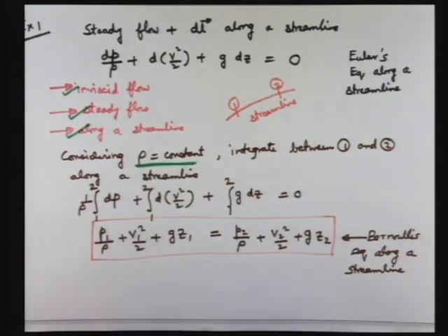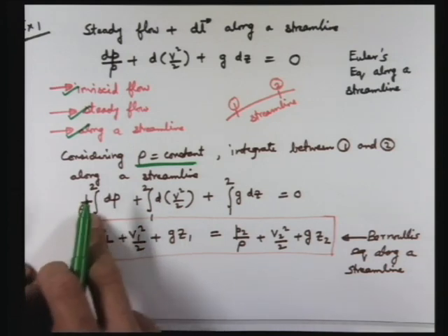Books will write incompressible flow. It is not a correct statement in a generalized sense, because we have already discussed yesterday that incompressible flow does not necessarily mean that rho is a constant. You could also have variable density incompressible flow. So rho is a constant is a special case of incompressible flow, and we must state that once we are bringing rho out of the integral.